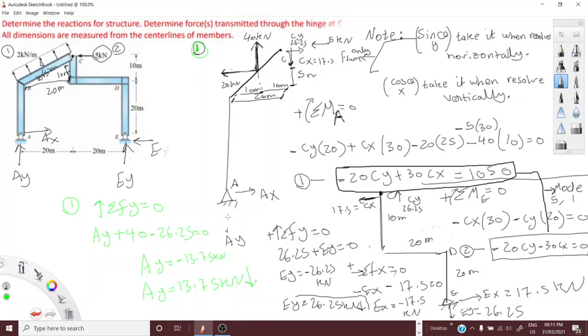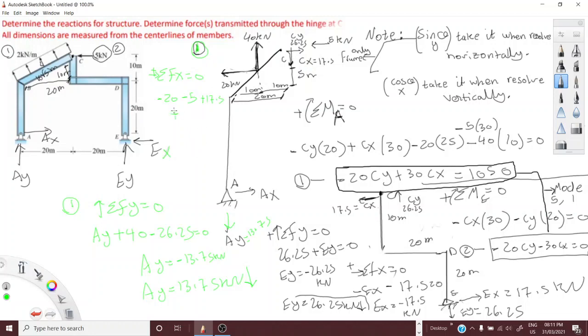So it should be downward, as it's mentioned, 13.75 actually. And for Ax, summation of Fx equal to 0, right side is positive. Here we have minus 20, here we have minus 5, since it goes in this direction. Here you have plus 17.5, let's go to the other direction.